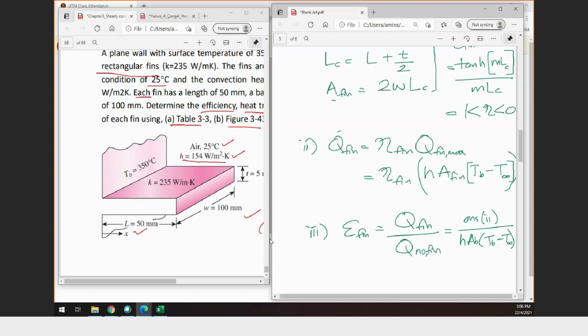Okay, you have this, you have this, you have this, but what is the AB? AB in this case is basically W times T.